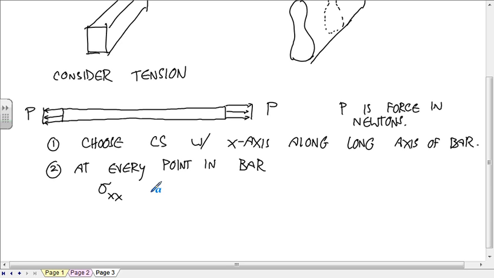And so you get a stress tensor of P over A, 0, 0, zeros everywhere else. And then the Voigt stress would be P over A, 0, 0, 0, 0, 0.